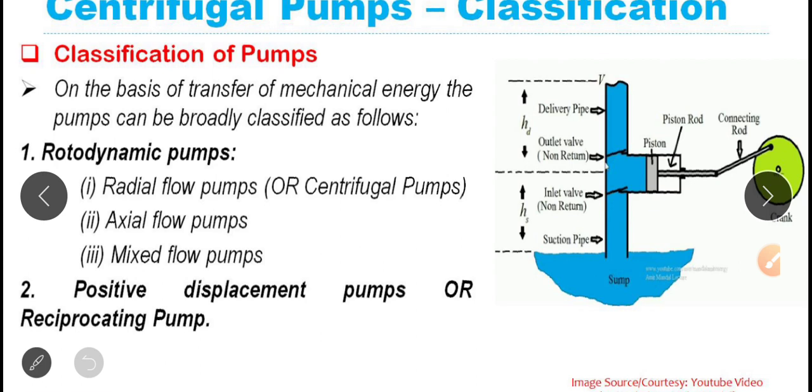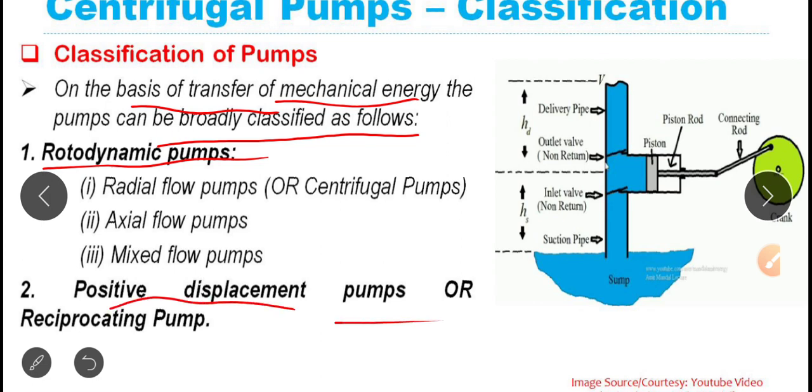On the basis of transfer of mechanical energy, the pumps can be broadly classified into rotodynamic types or positive displacement pumps, which are also known as reciprocating pumps. Rotodynamic pump is nothing but the centrifugal pump, whereas positive displacement pumps are nothing but reciprocating pumps.